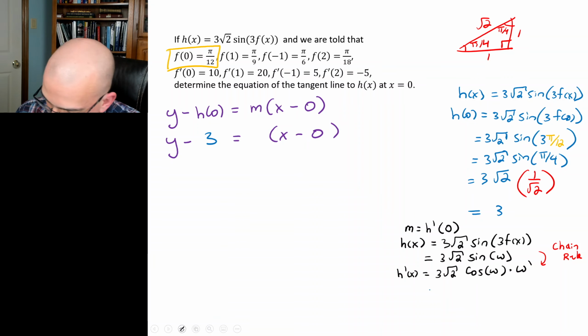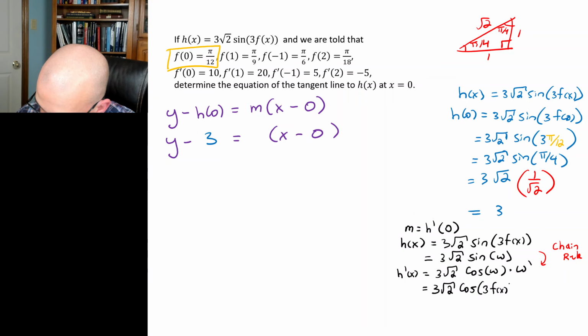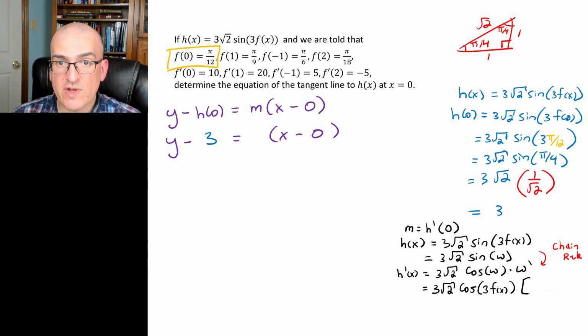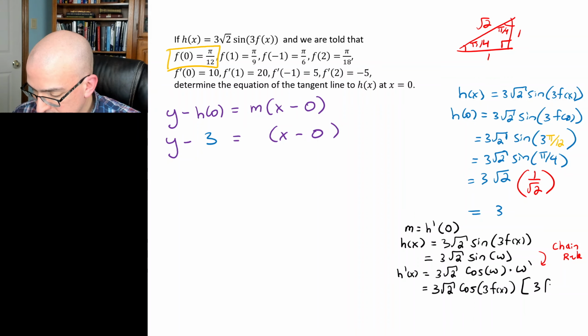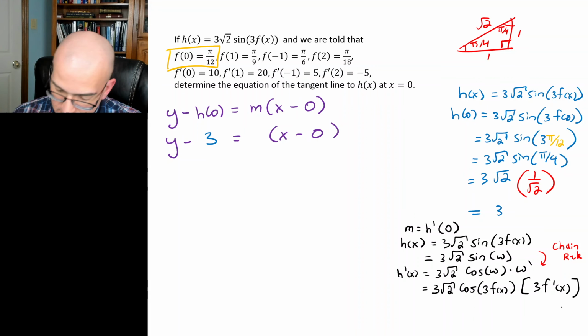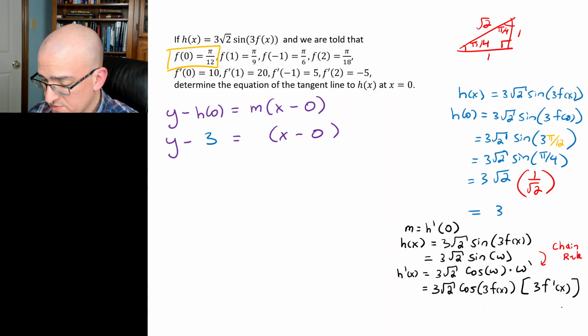Okay, so let's plug in the pieces now. 3 root 2 cos of 3f of x multiplied by the derivative of 3f of x, which is 3 times f prime of x. It's the best we can do. We don't know what f of x is, so the derivative of f of x is f prime.